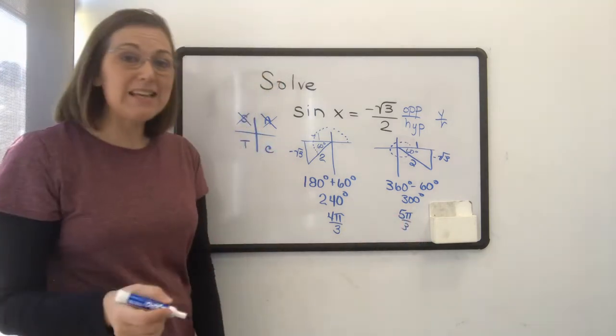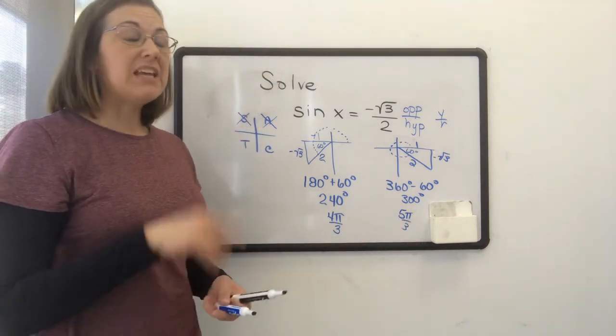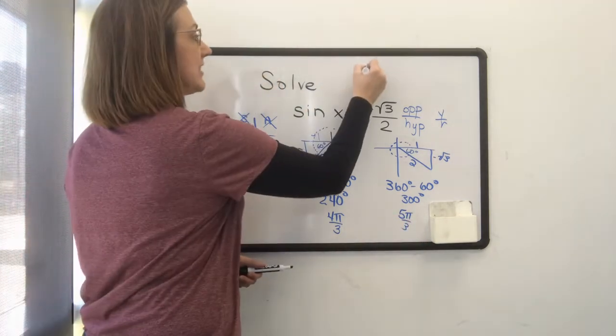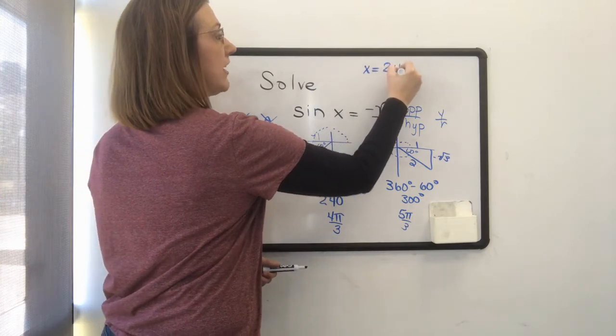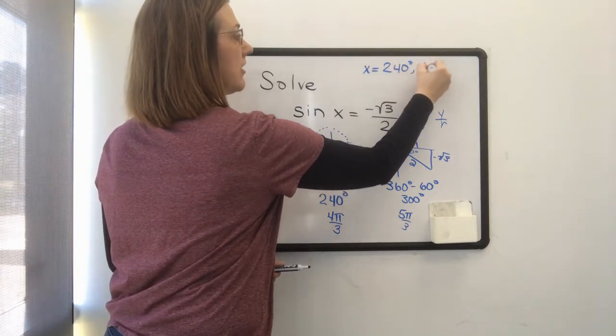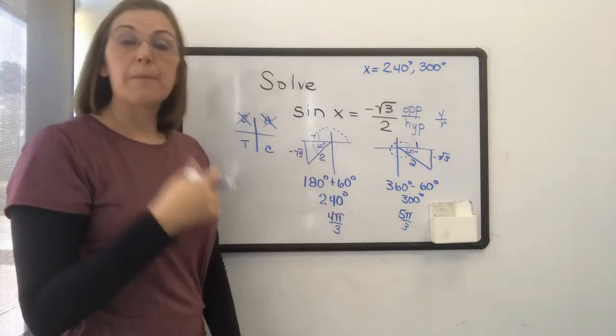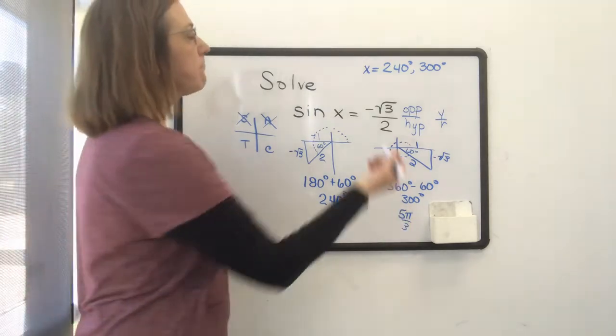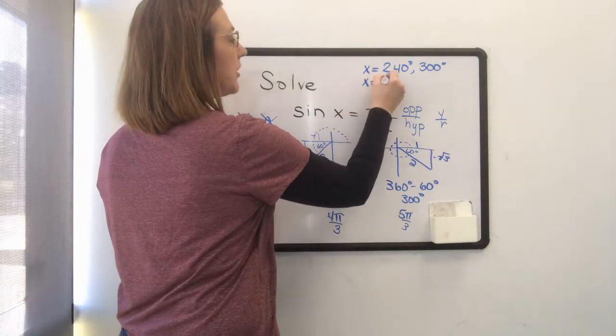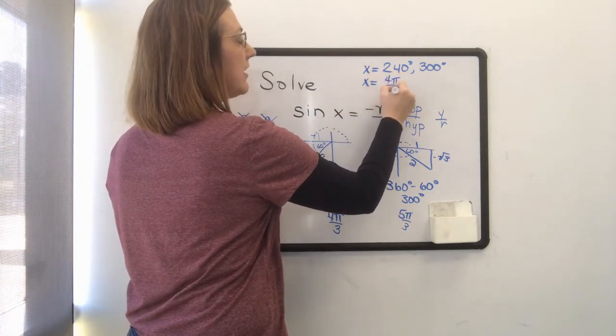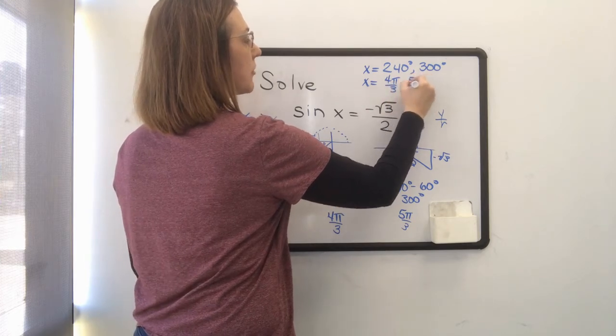So I want you to see that there are two answers. Either we answer with x equals 240 and 300 if we're asked for degree measurement, or we answer with 4 pi over 3 and 5 pi over 3.